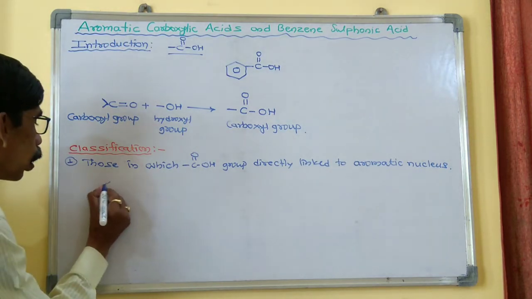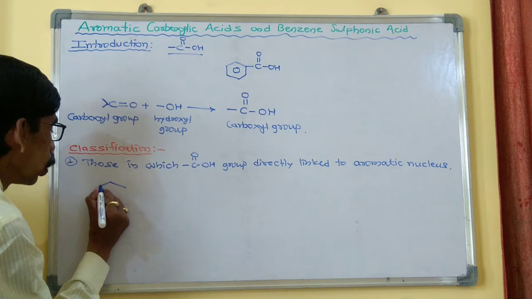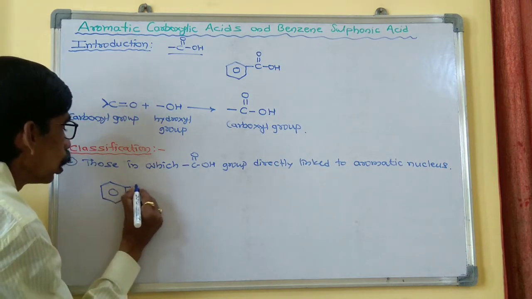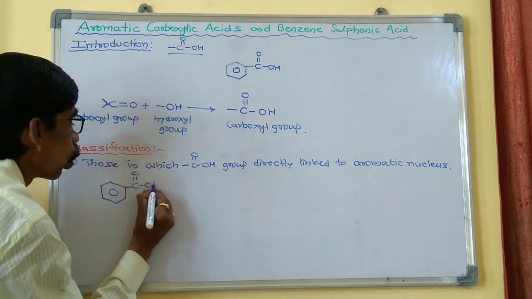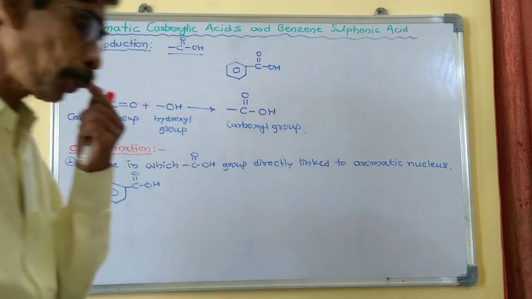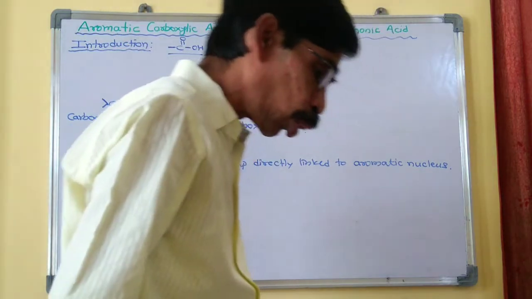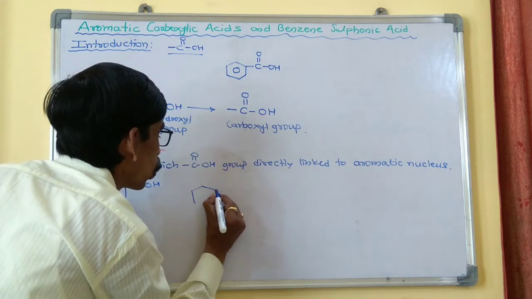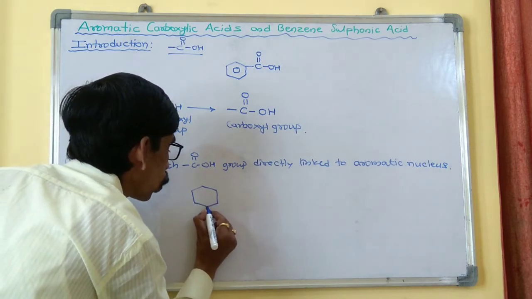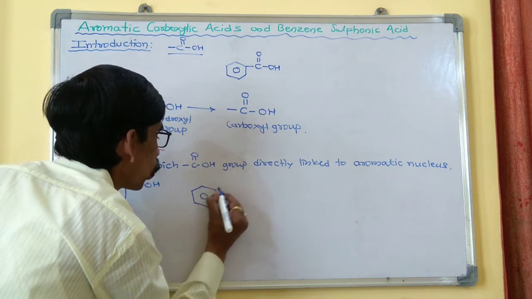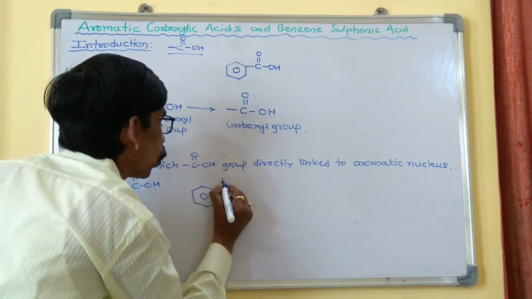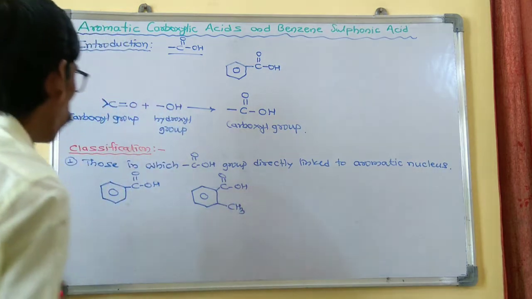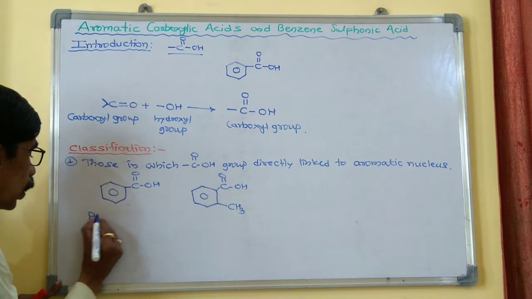For example, this COOH compound is called benzoic acid. Another example is ortho-methyl benzoic acid. This is benzoic acid.